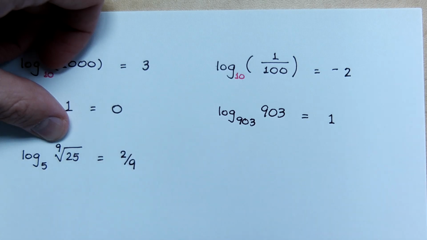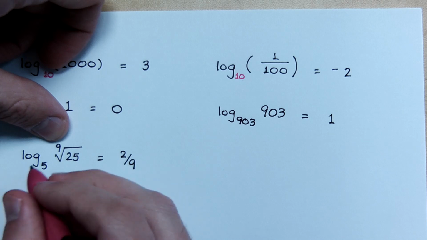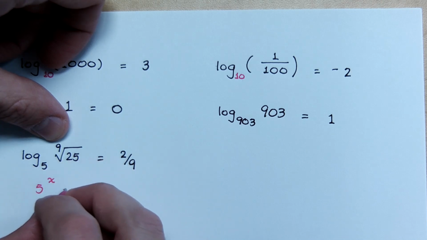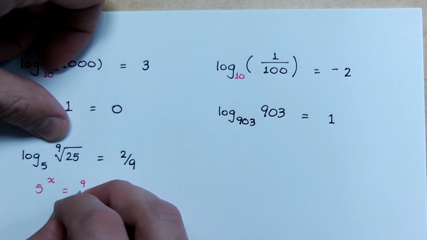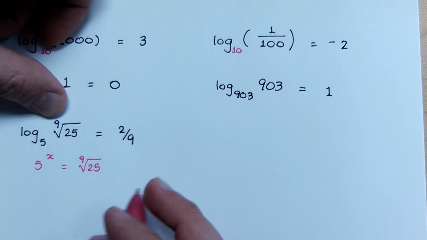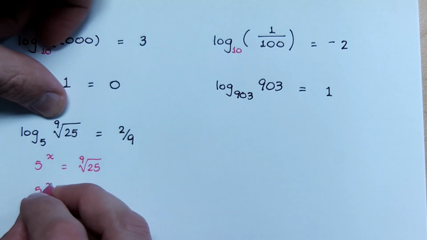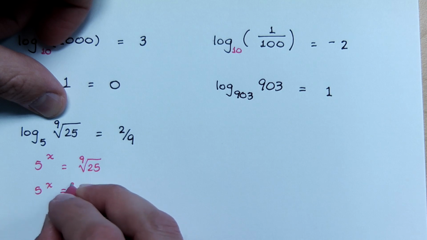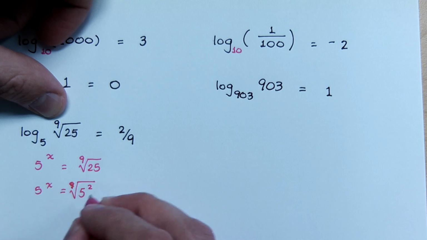Remember, if you ever get stuck on any of these problems, you can always rewrite this to say 5 to some power is equal to the 9th root of 25. And inside here, we can rewrite 25 as 5 squared inside the 9th root.